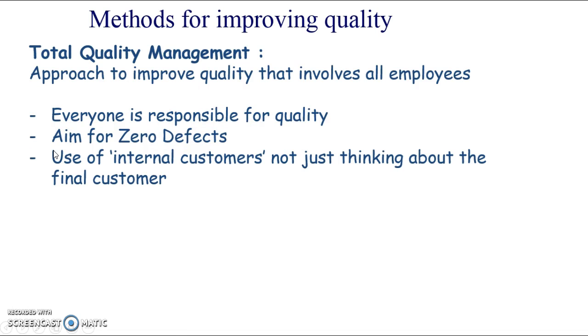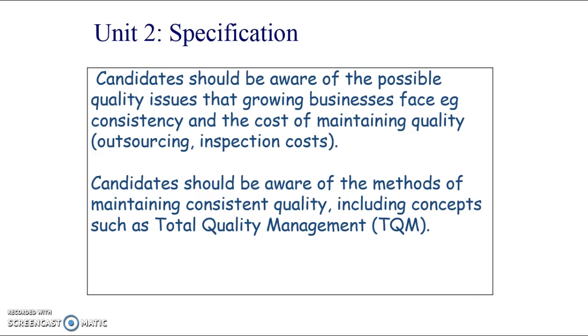Why is that a good thing for the business? How does it benefit the business? So we're thinking about, well, it reduces wastage, therefore it's going to reduce the costs, therefore it should improve the profit for the business. So you really have to explain fully why something is a good thing if it's a good thing, why something is a bad thing if it's a bad thing, what effect does it have on the business. And those are your specification objectives. So good luck in your exams.